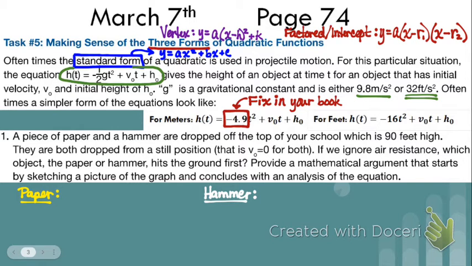Which one of these equations would I want to be focused on in this particular scenario? Feet. So I want this one right here, right?